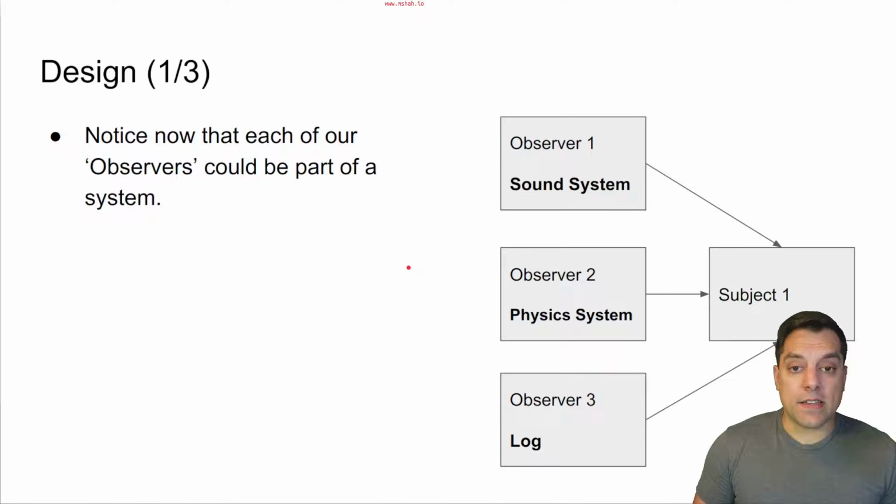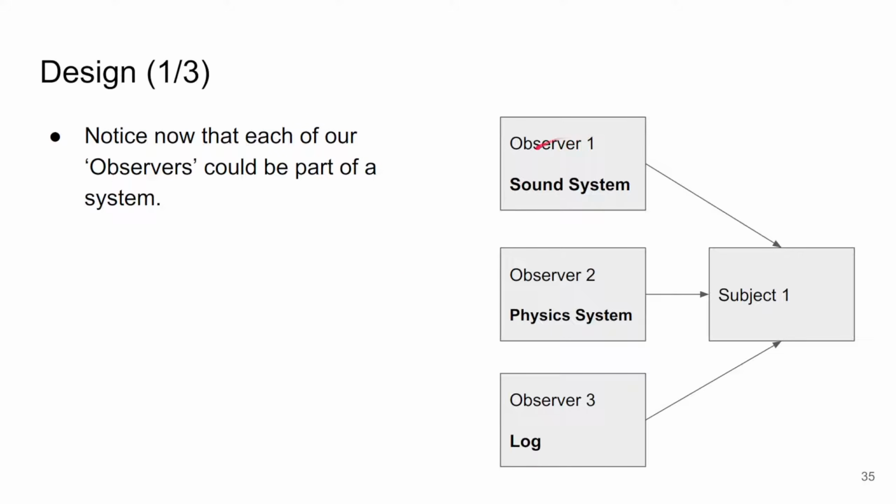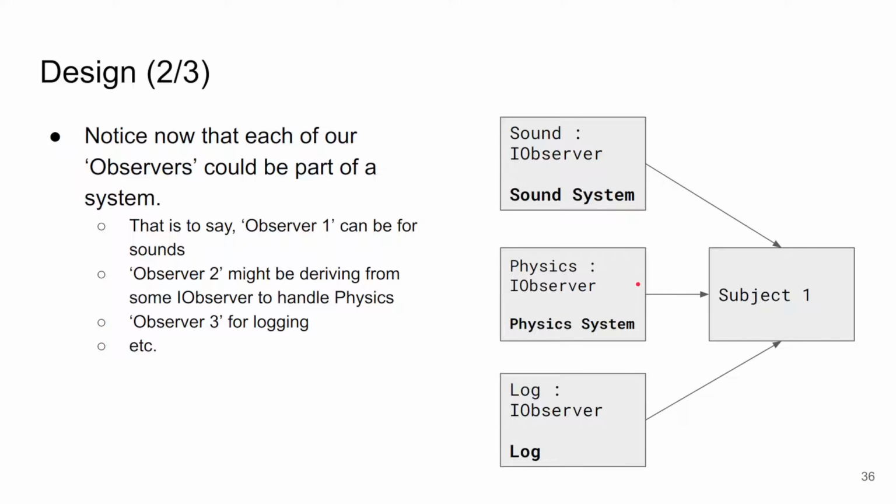So the basic idea, and I'll move out of here, is again to see that each of our observers here, observer 1, observer 2, and observer 3, might belong to different subsystems here, like the logging system, the physics system, the sound system, and so on. So that idea then is that we could, if we wanted, create different classes for each of the sound, physics, and the log classes as needed.